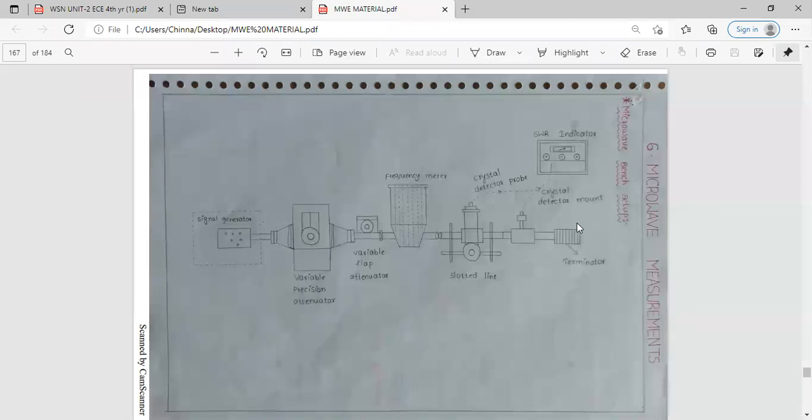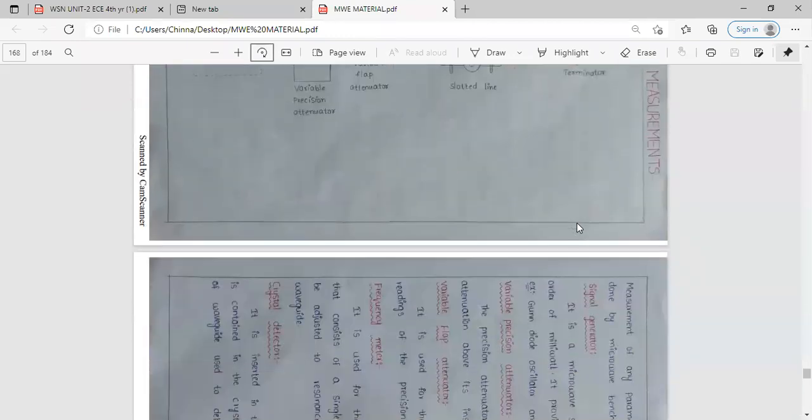You can draw it as rectangular boxes: signal generator, isolator, attenuator, frequency meter, slotted line section, crystal detector mount, and the terminal.